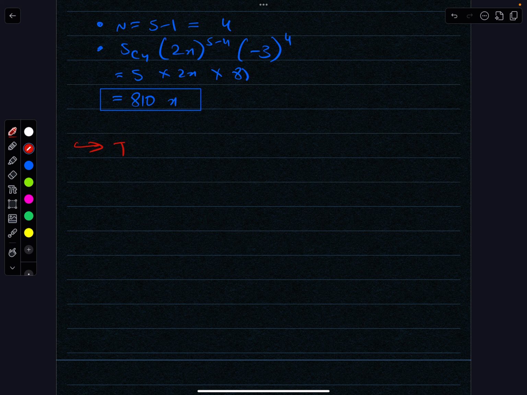That is, the middle term only exists when the power is even. And obviously when the power is odd, there is no middle term.